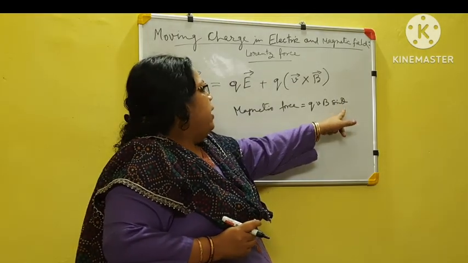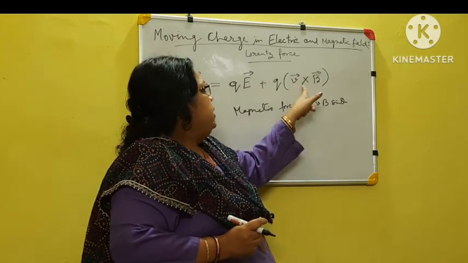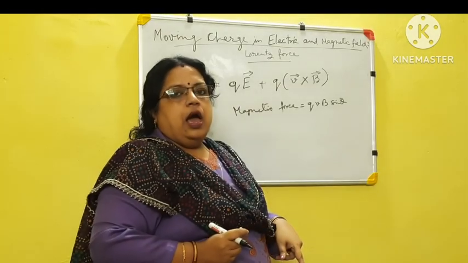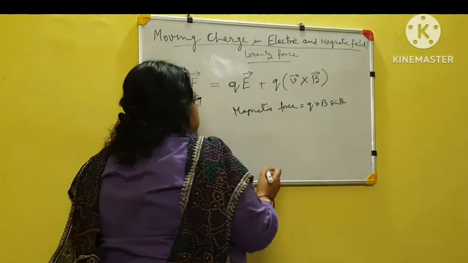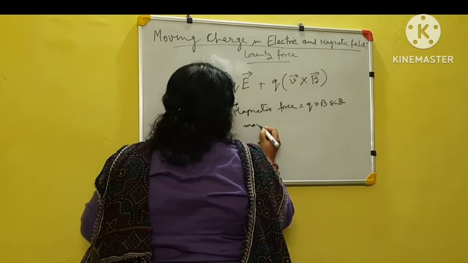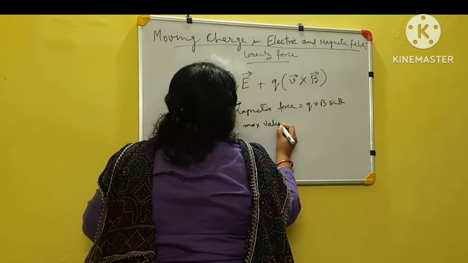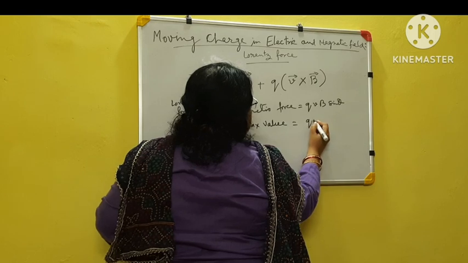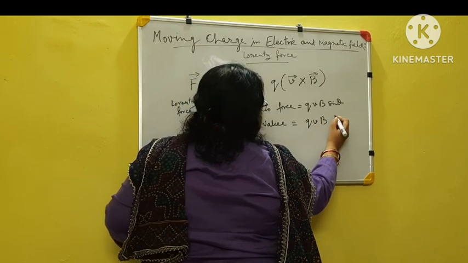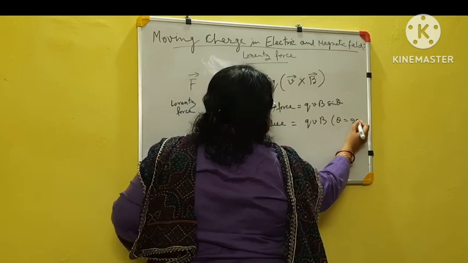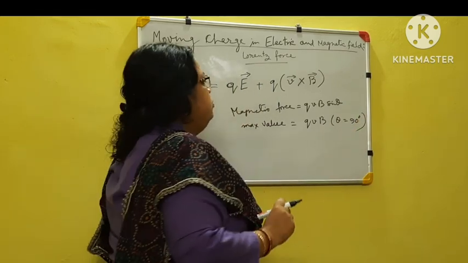Theta is the angle between V and B, and the maximum value will be QVB when theta equals 90 degrees, since sin theta will be 1.